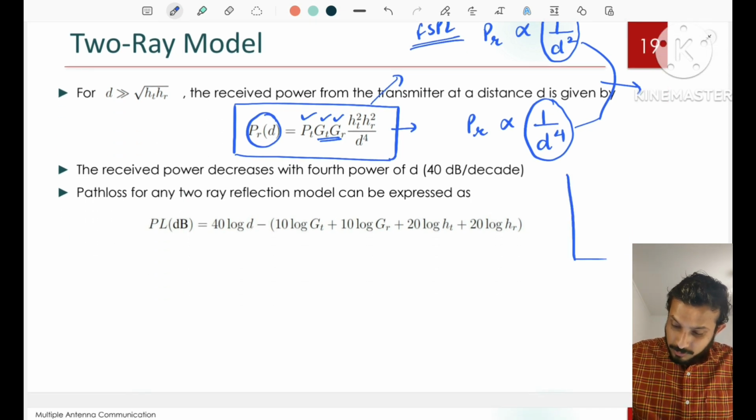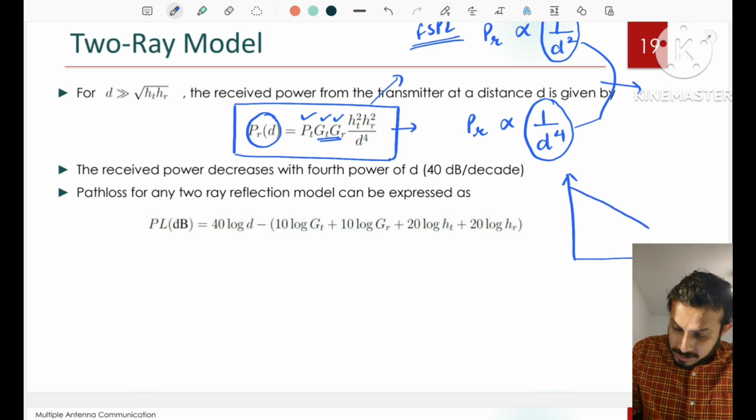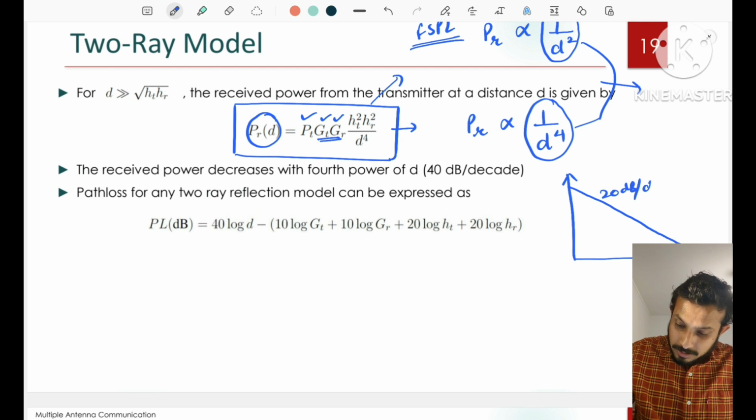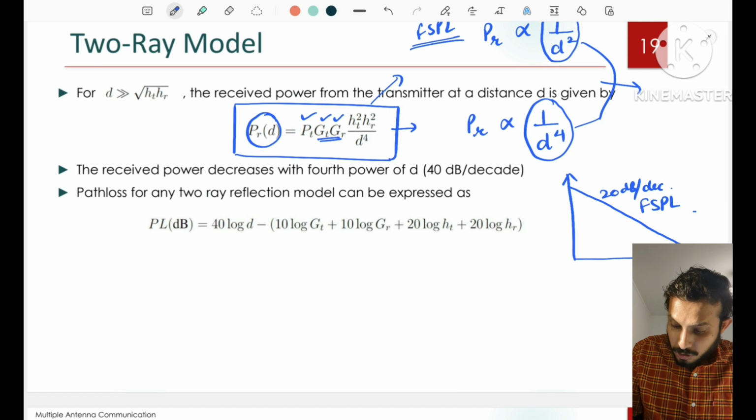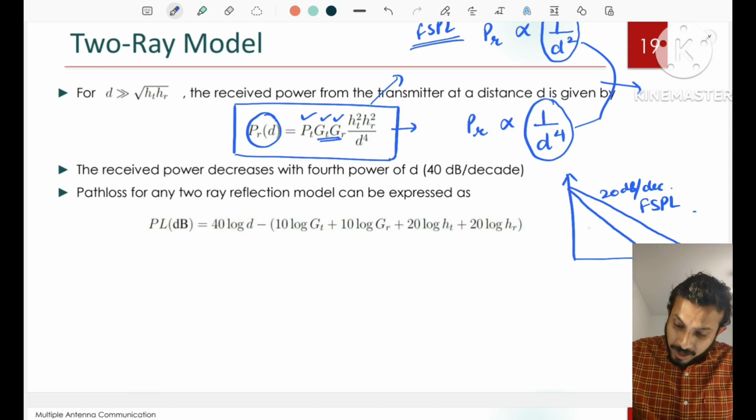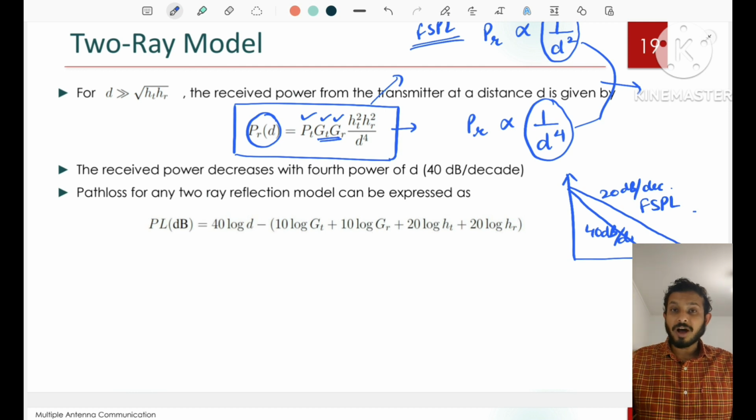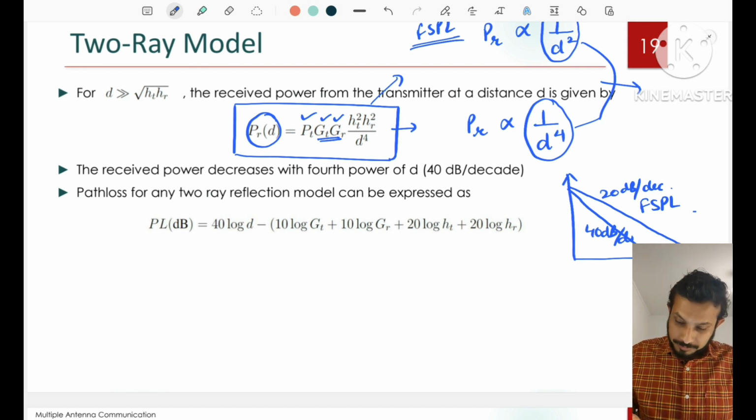For example, the received power decreases by 20 dB per decade in the free space path loss model, but now with the addition of one ray, it is decreasing by 40 dB per decade. That is much faster than the free space propagation model.